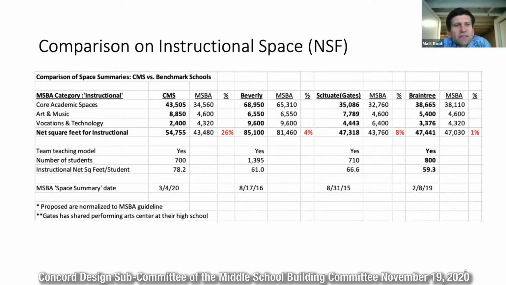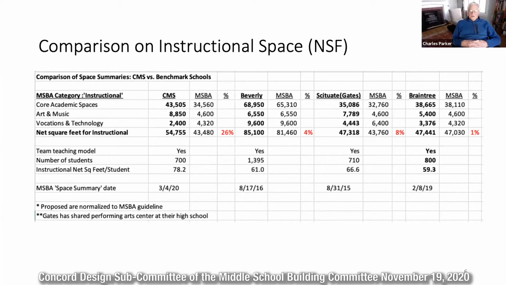Good, Court. I just have one quick question on the numbers. So the double asterisk at the bottom about Gates. Gates's number would be bigger for art and music if we incorporated some amount of area from the high school for the Performing Arts Center, right? Yes. Okay. Well, we didn't include anything.